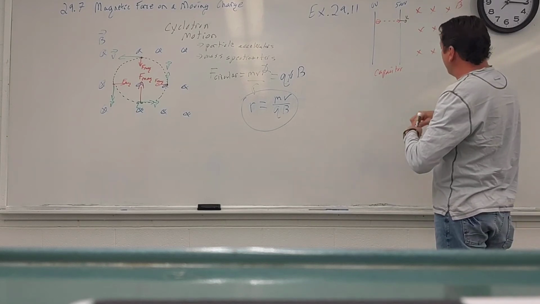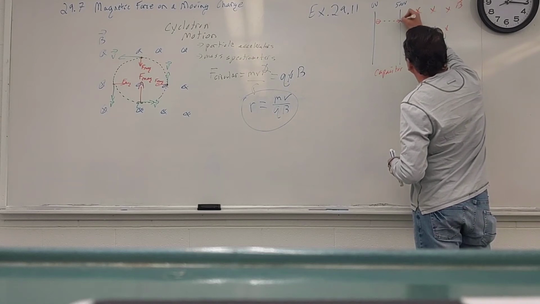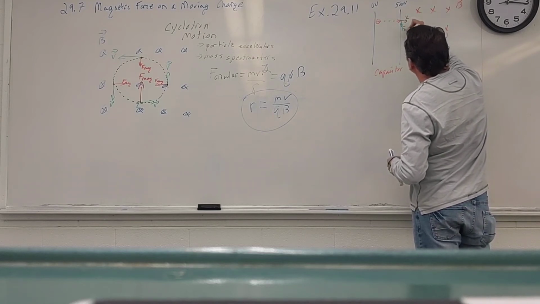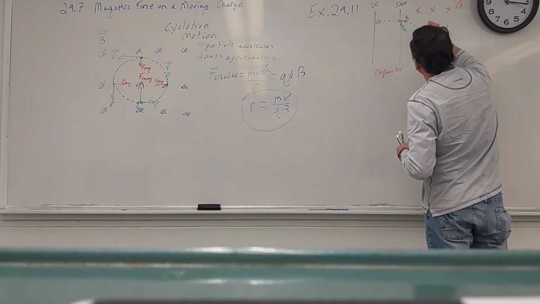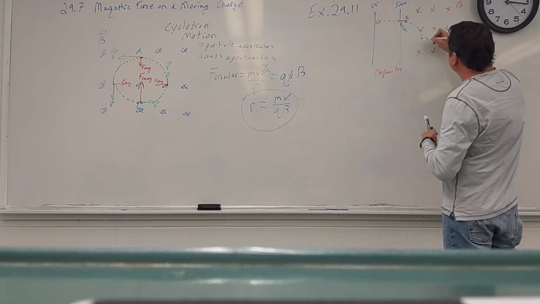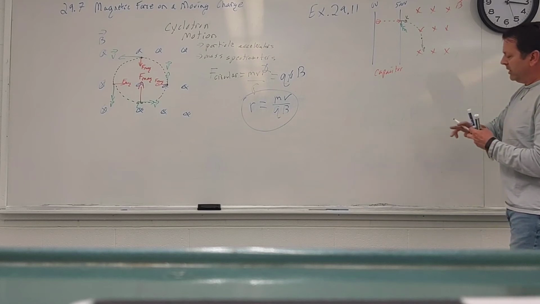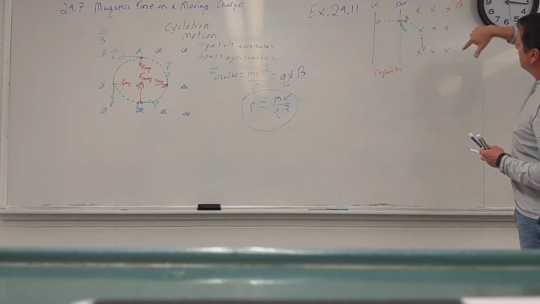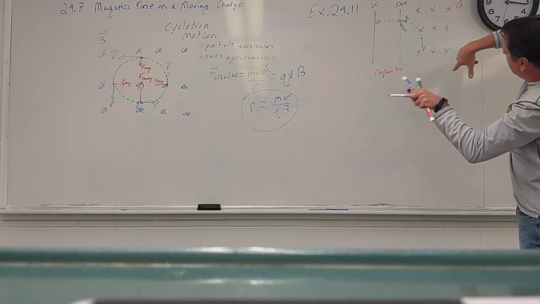So the magnetic force on this charge is going to be down at that point. Here, it's got a velocity in this direction. The B field is still in. Remember it's negative, so it's going to go the other way.